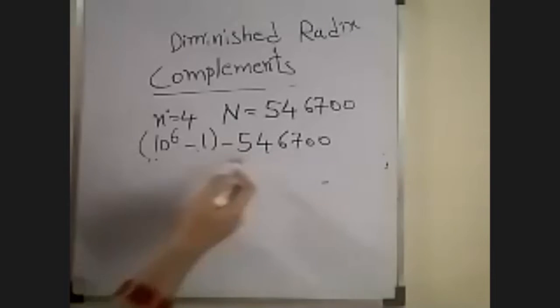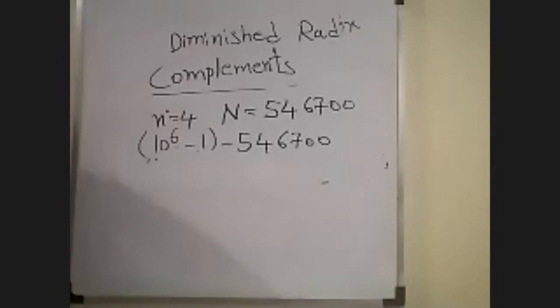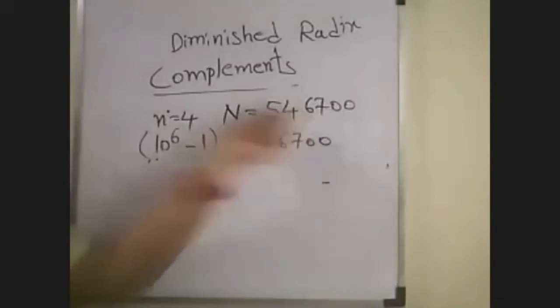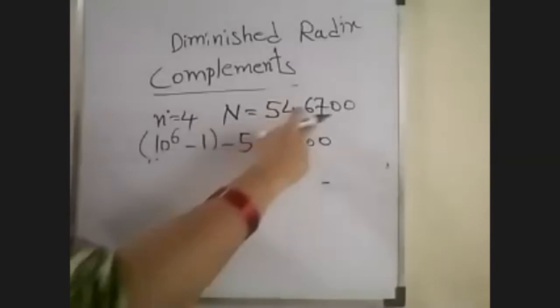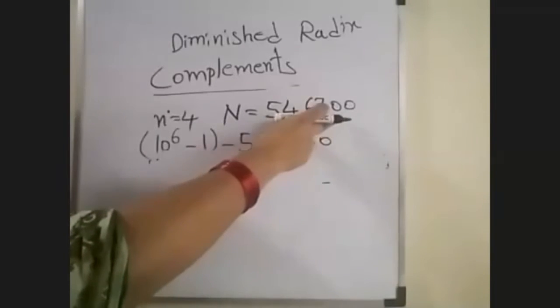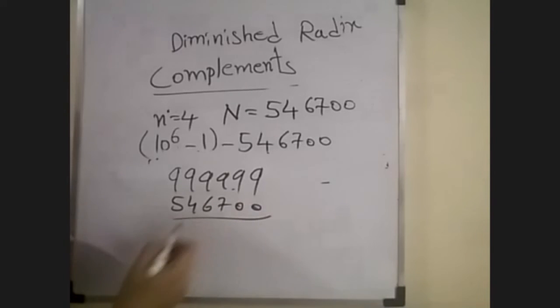So without applying this formula, apply the nines complement of 546700. How many digits are there? 6. So you take 999999 and subtract 546700.